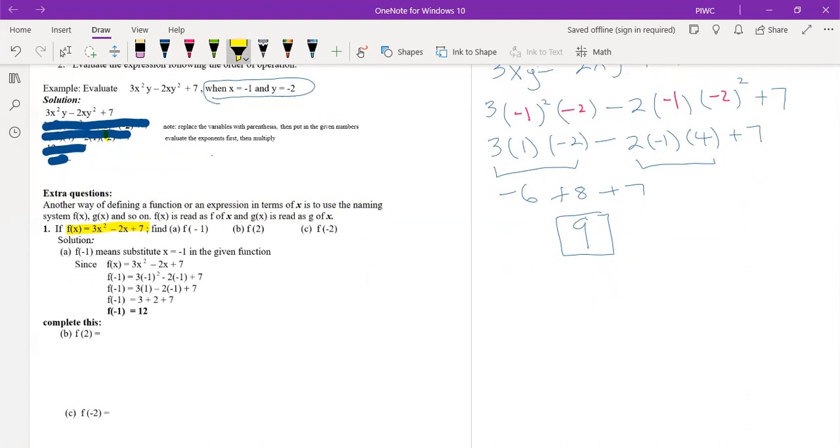Not the same, but similar. So f of x is equal to 3x squared minus 2x plus 7. And we're asked to find f of -1, f of 2, and f of -2, and so on.